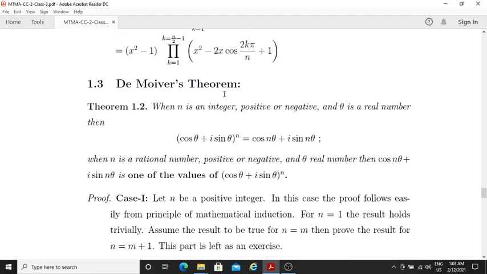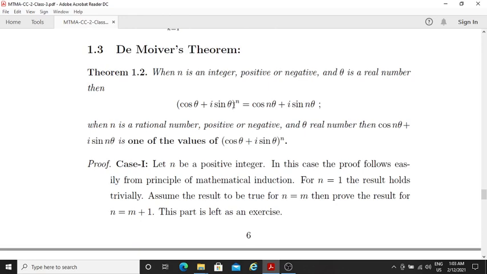So what you have to do is put m plus 1 over here, and m plus 1 can be written as this to the power m into this thing.